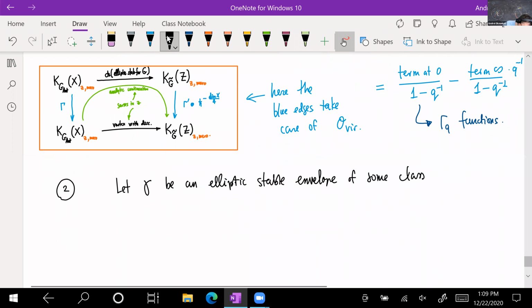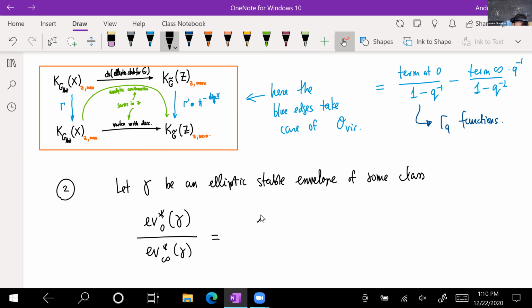Then I can compare. So now we take insertions. If I take the pullback relation by 0 gamma and compare it, take the same class relations at infinity. So what's it going to be? This is going to be not an elliptic function, but a section of some line bundle, and you evaluate it at what?